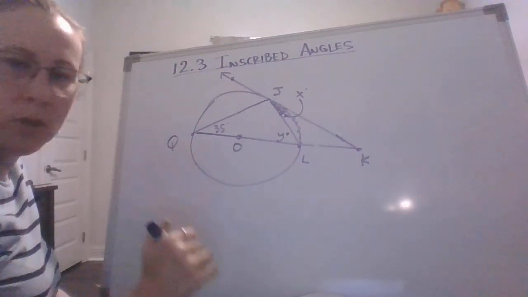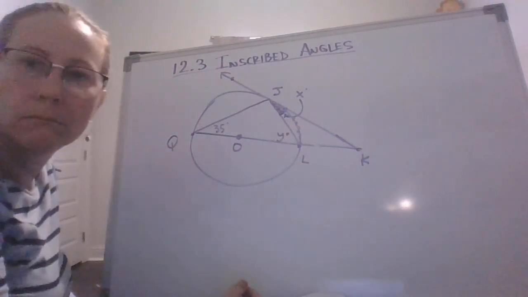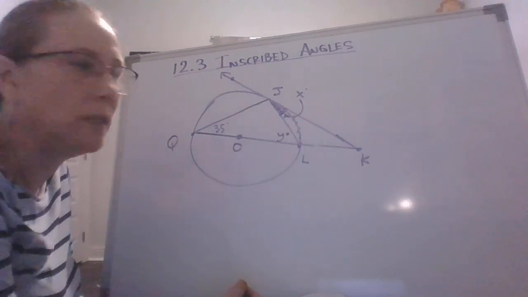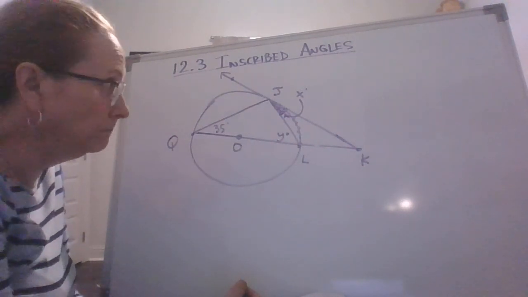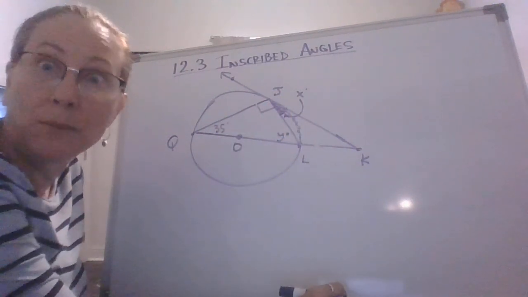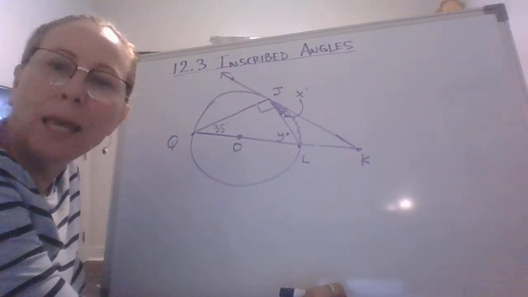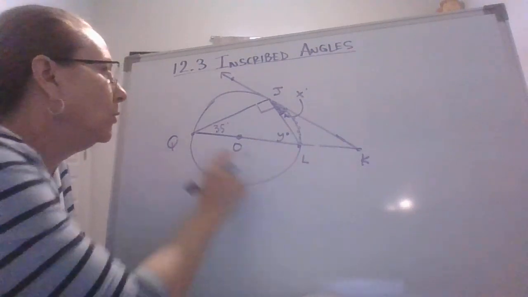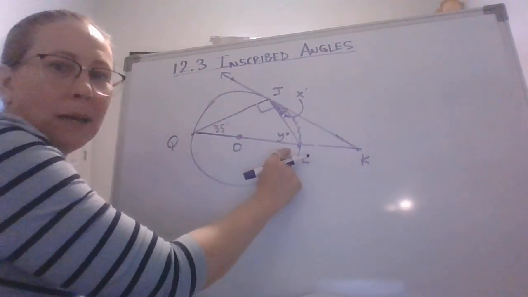But I'm going to approach it from a couple of different possibilities. First, I have a 90-degree angle. You might have seen me draw it in and then take it out because it wasn't there originally. That's a 90-degree angle because this is a diameter.